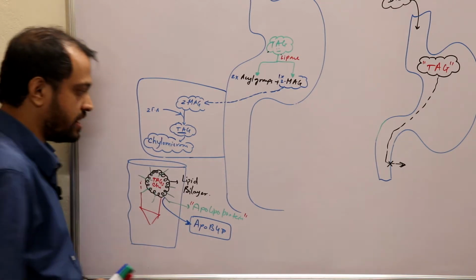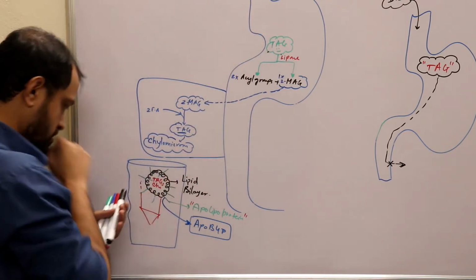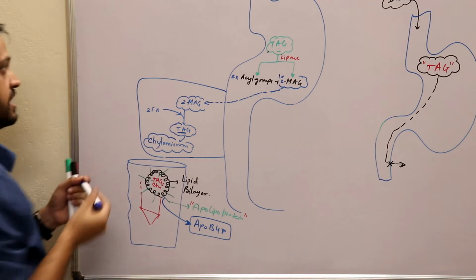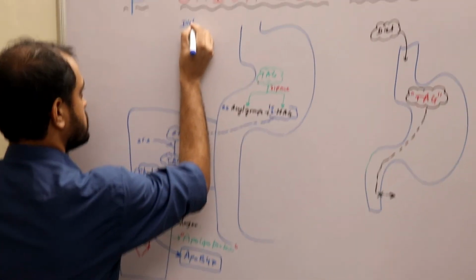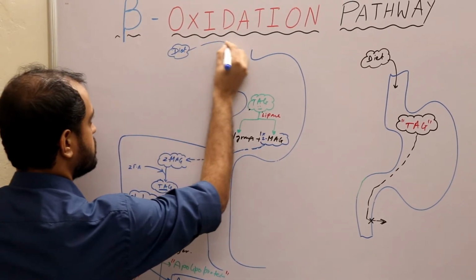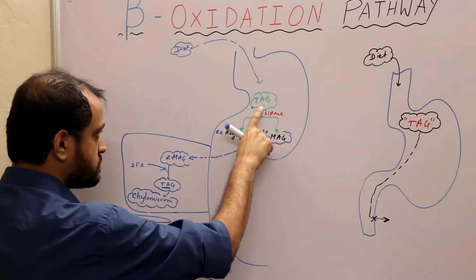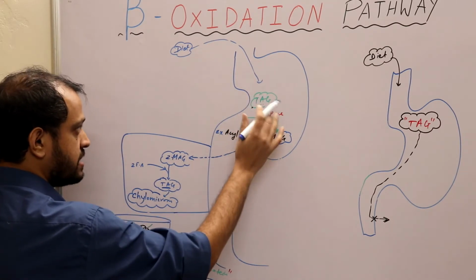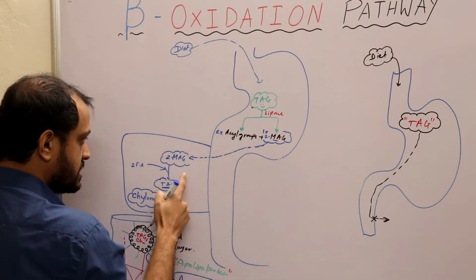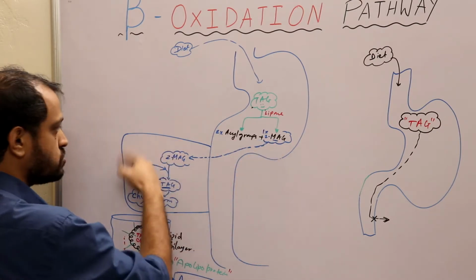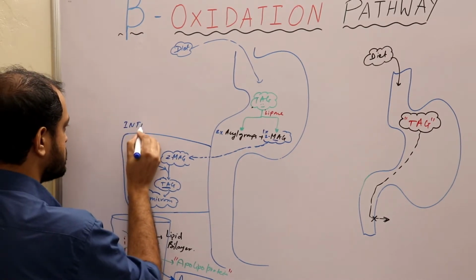So what we have achieved till now is we have taken our TAG through diet, and we have successfully digested TAG into monoacylglycerol and acyl groups, and this monoacylglycerol now enters the intestinal cell.